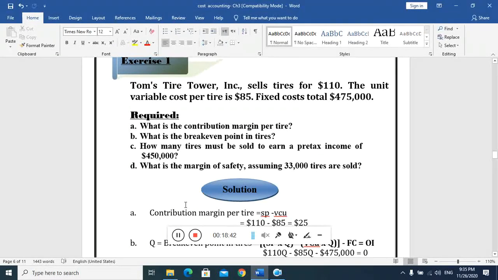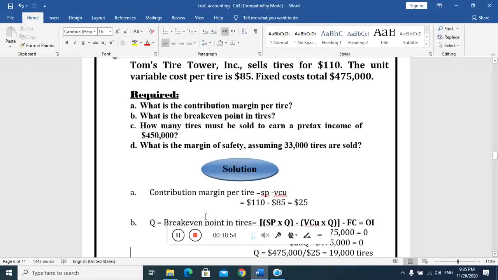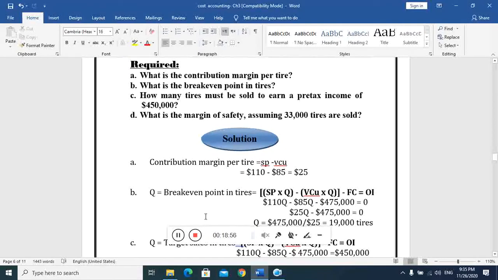So we can compute the contribution margin per unit by our equation. Contribution margin per unit equals selling price minus variable cost per unit. We can say that contribution margin per unit equals $110 minus $85, equals $25.